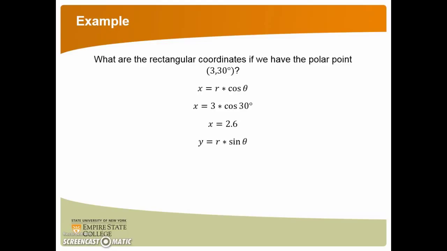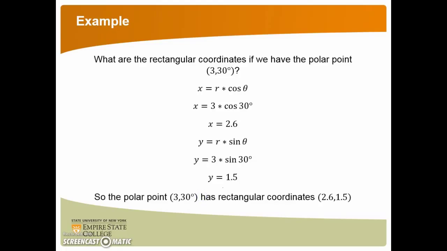We also have our formula to find the y value. Plug in our values. So our y value is 1.5. So the polar point (3, 30 degrees) is equivalent to the Cartesian point (2.6, 1.5).